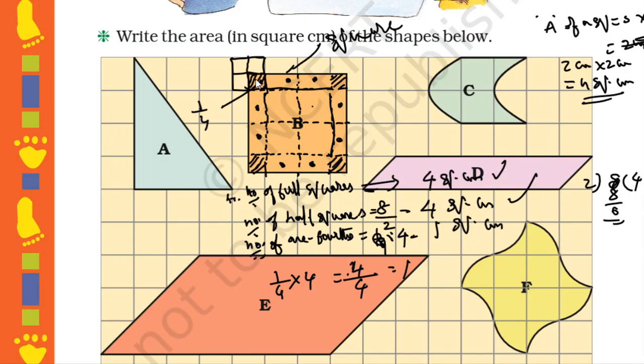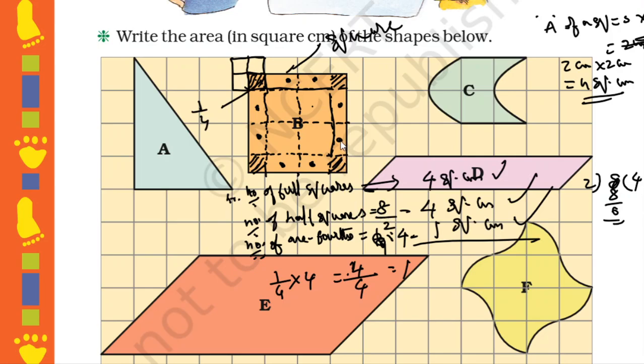Did you understand? What is the area of these 4 parts? These 4 parts, 1, 2, 3, 4, have an area of 1 square centimeter. So finally, what is the total area of this figure? You add all the areas. Full squares are 4, half squares are 8.